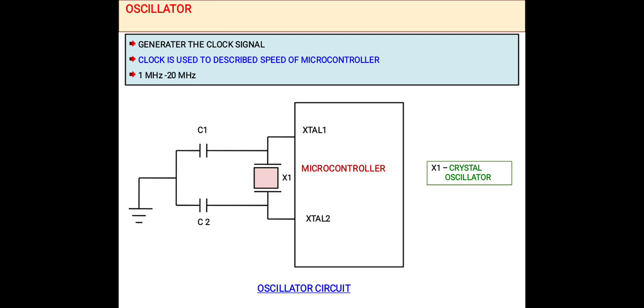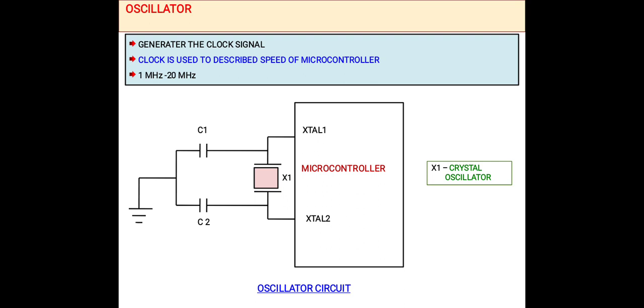XTAL1 is the input to the inverting oscillator amplifier and the input to the internal clock generating circuit, and XTAL2 is the output from the inverting oscillator amplifier, and the quartz crystal is connected to XTAL1 and XTAL2.